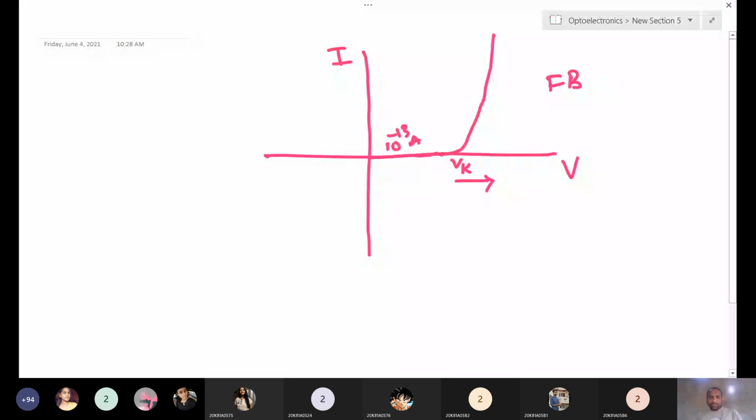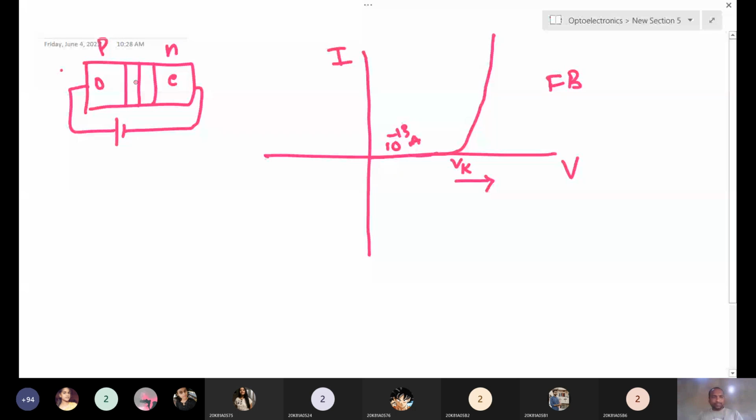Why is there no current before? Once the junction is forming at the interface, this is the depletion region. This is the n side with electrons and this is the p side with holes. We are giving some forward bias voltage, but once the depletion region is formed, electrons and holes cannot cross this barrier.